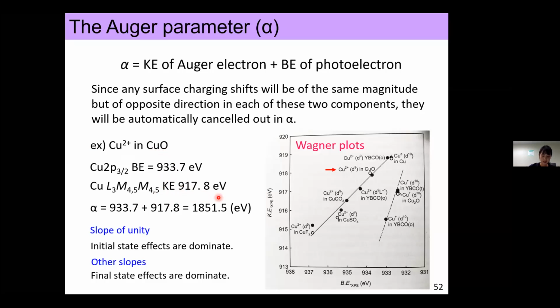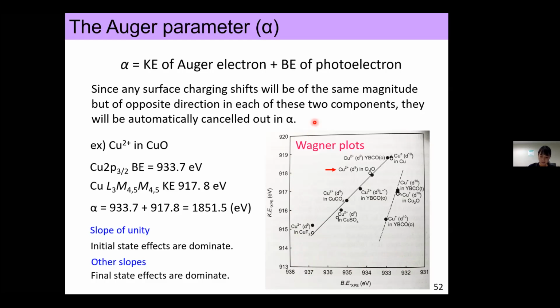Therefore, the Auger parameter is the sum of these two energies, 1851.5 electron volt. This type of approach can be represented graphically by plotting the Auger electron KE against the photoelectron BE.